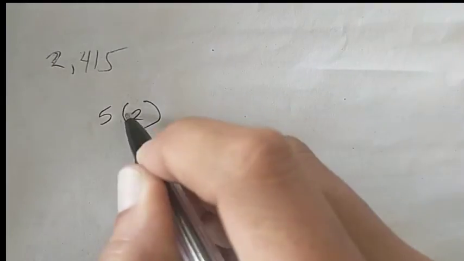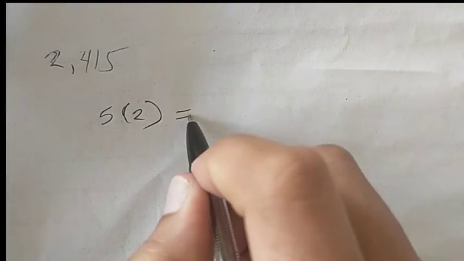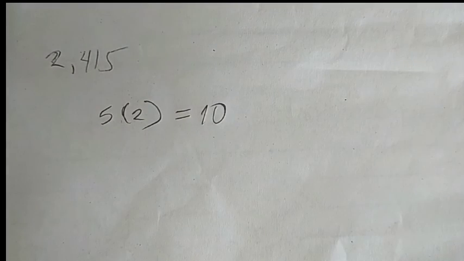So let us apply the divisibility rule of 7 to 2,415 to check whether it is divisible by 7 or not. Step 1, multiply the last digit, which is 5, by 2. So the product is 10.